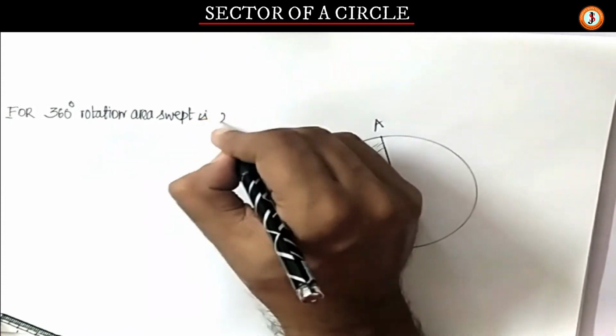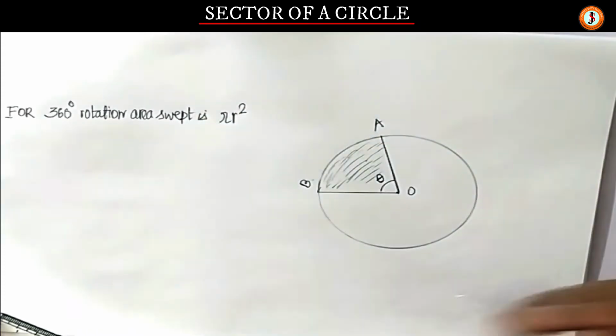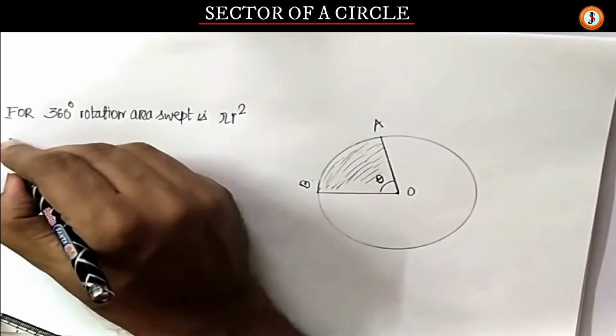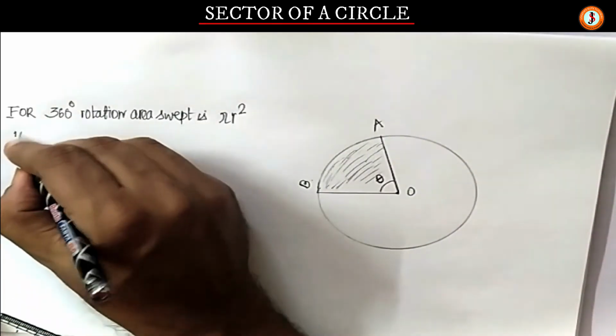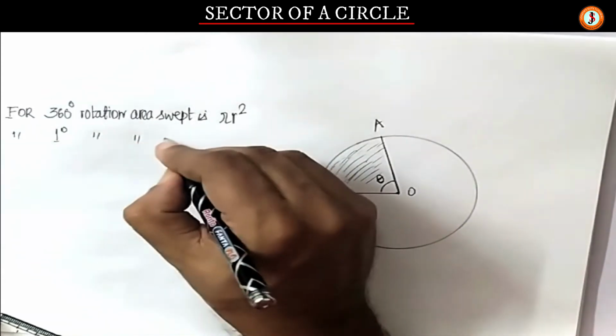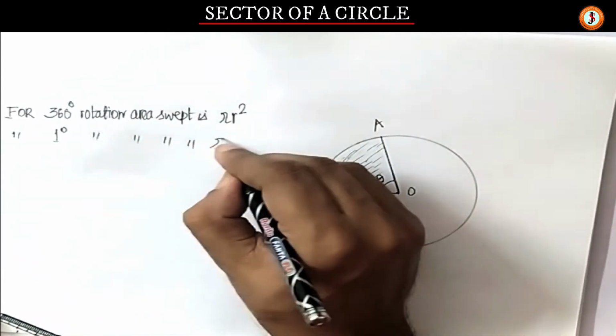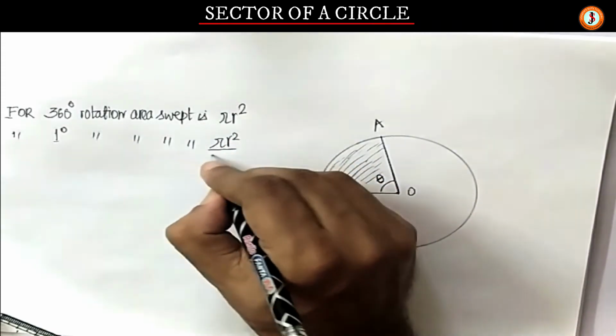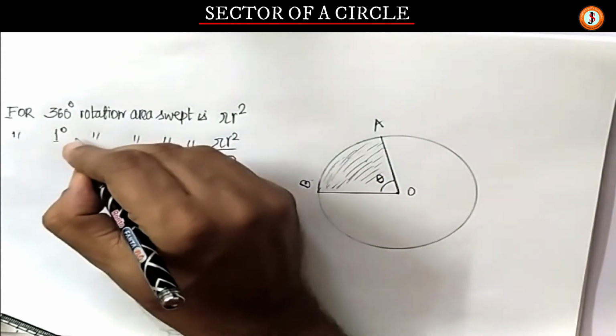Is pi r square, isn't it? Pi OA square. So for 1 degree rotation, area swept is pi r square by 360.